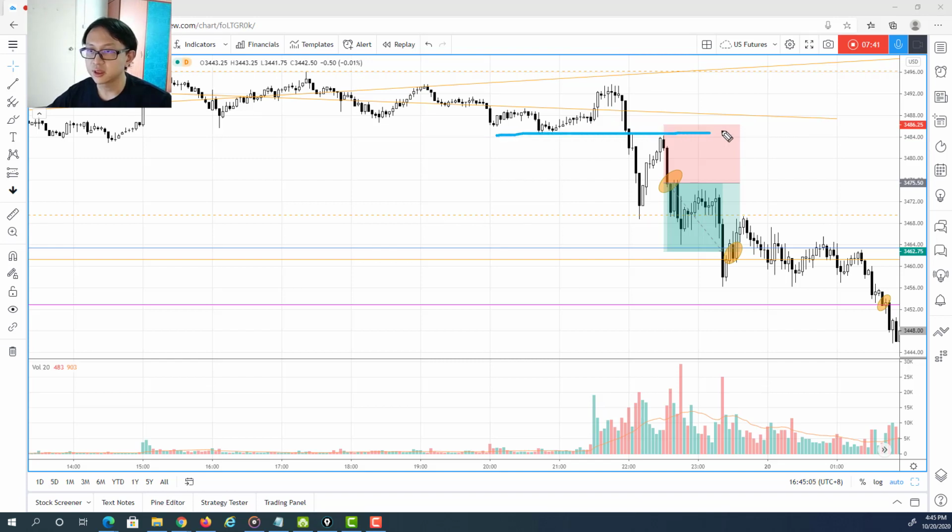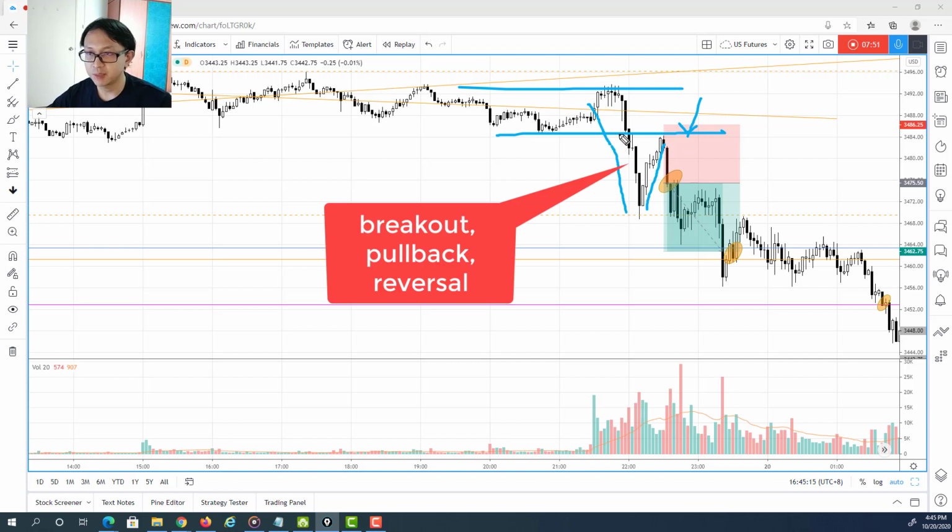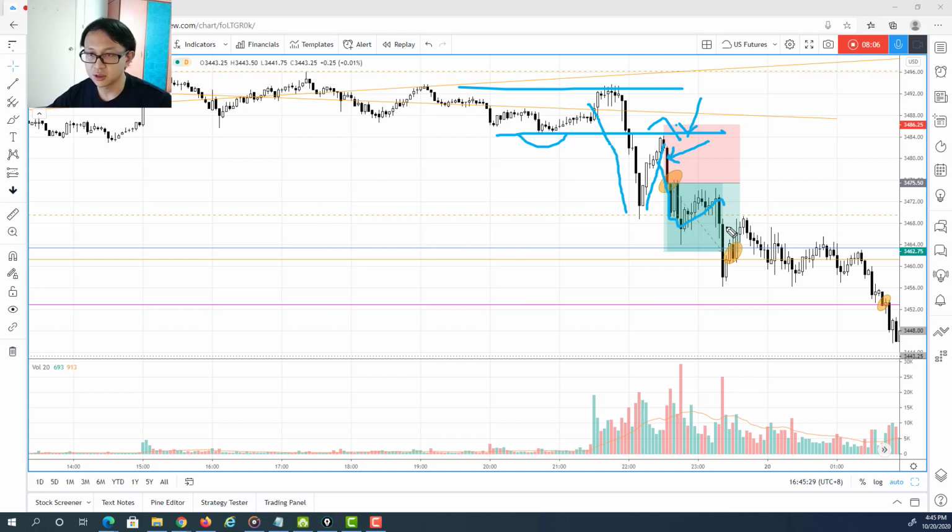So first, there's the trading range, we have a breakout, and then followed by a pullback, tested the support turned resistance level. Previously a support, now it becomes resistance. So tested, followed by this reversal, and then we have seen a continuation to the downside, and eventually another leg down sell off at about 1 a.m. my time zone.